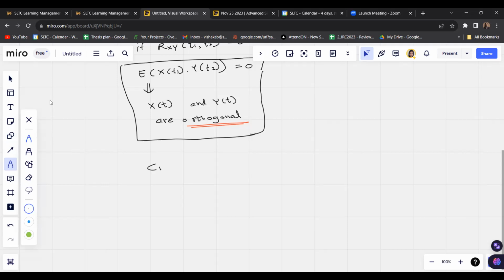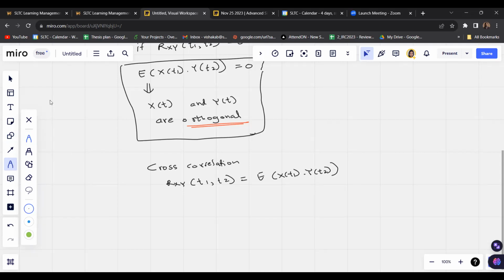Cross correlation function is defined as Rxy(t1, t2) equals E of X(t1) times Y(t2).